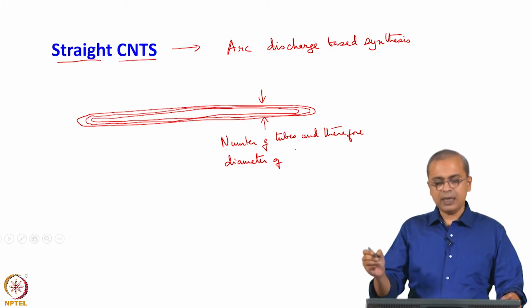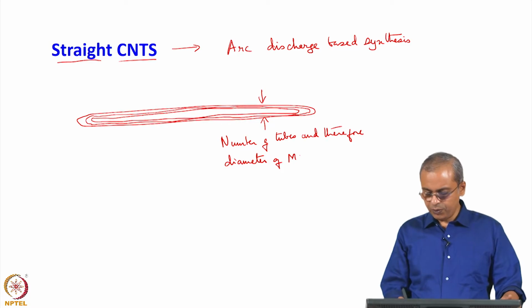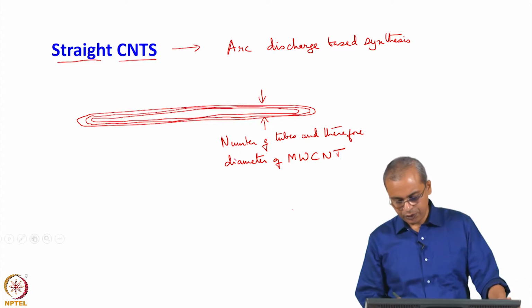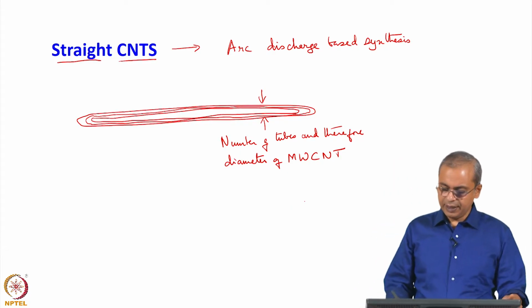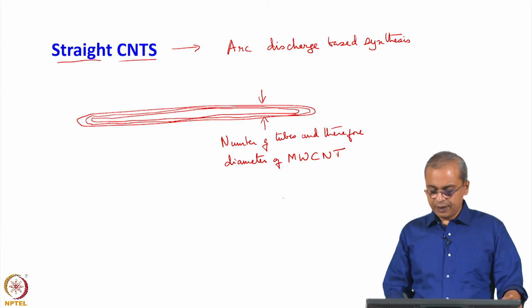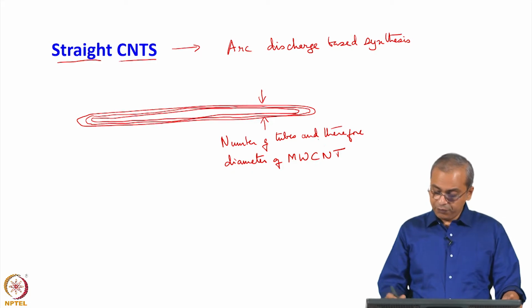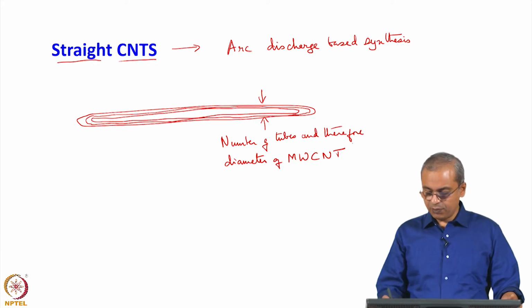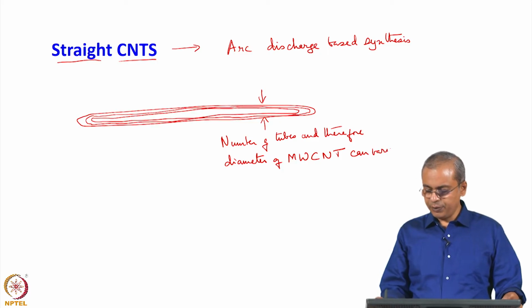This is a multi-walled carbon nanotube, MWCNT. The number of tubes can change, and therefore the diameter of the multi-walled carbon nanotube can vary from tube to tube.